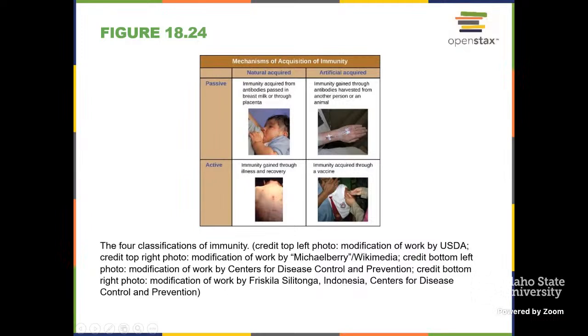It truly depends on the situation. They imagine that contracting chickenpox confers immunity, and you don't get chickenpox more than once, right? However, the virus does go dormant on your nerve cells and can flare up later in life as shingles. So it kind of makes you wonder, right?